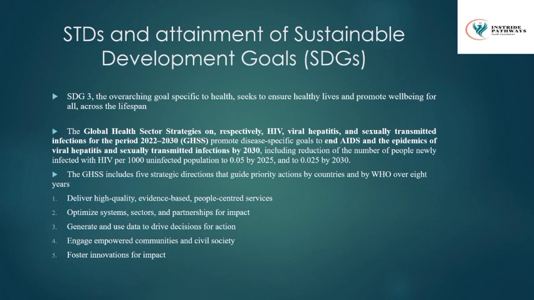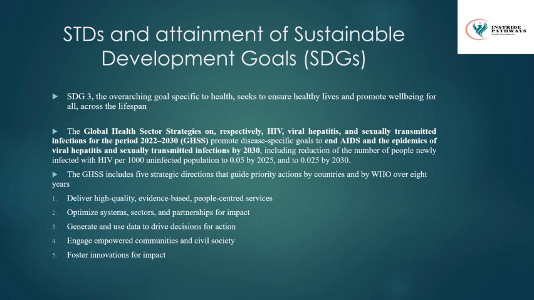One of these strategies says that there should be high quality, evidence-based, people-centered services to deliver people from these STDs, so that people who are infected should have high quality care, not only for STDs but for general health.